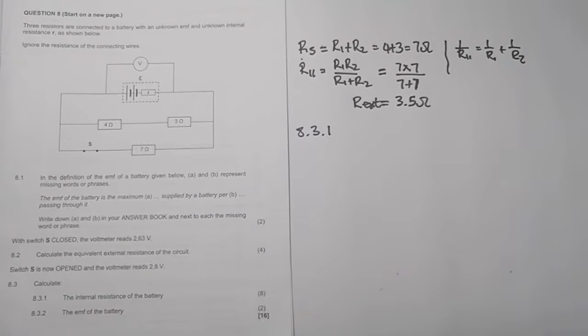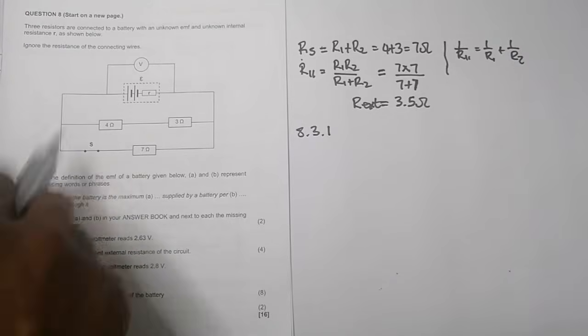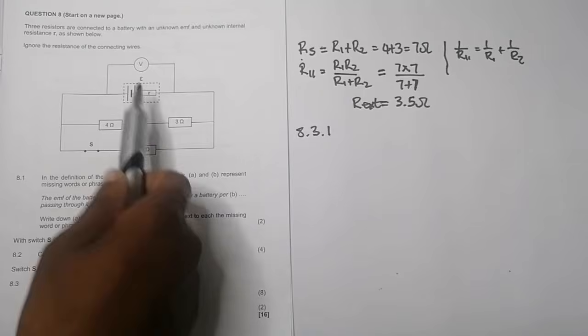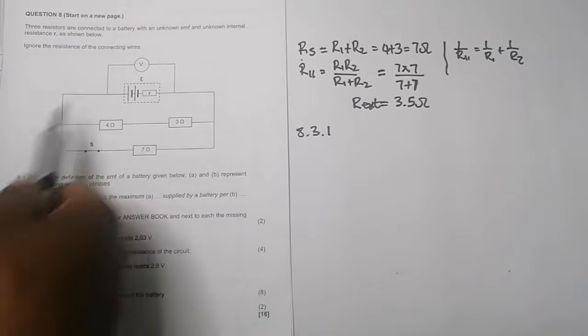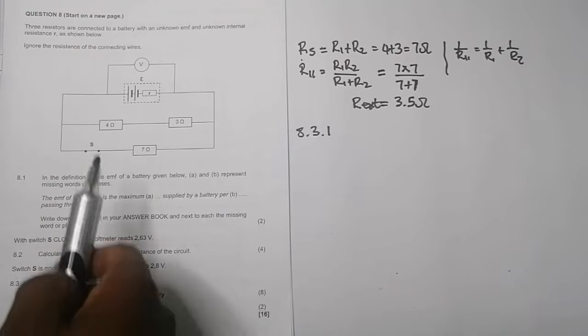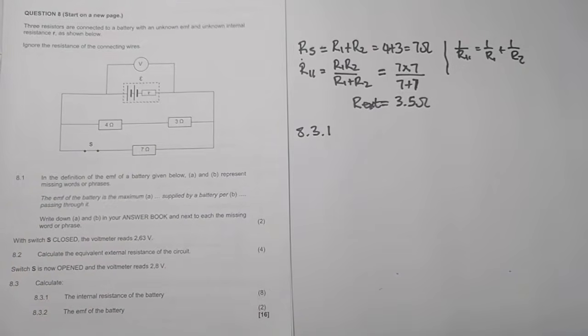Of course, when you change the external resistance of your circuit, it will ultimately affect the external voltage. Because it will affect the value of your current, and ultimately your V lost value, and it will ultimately affect your V external value.